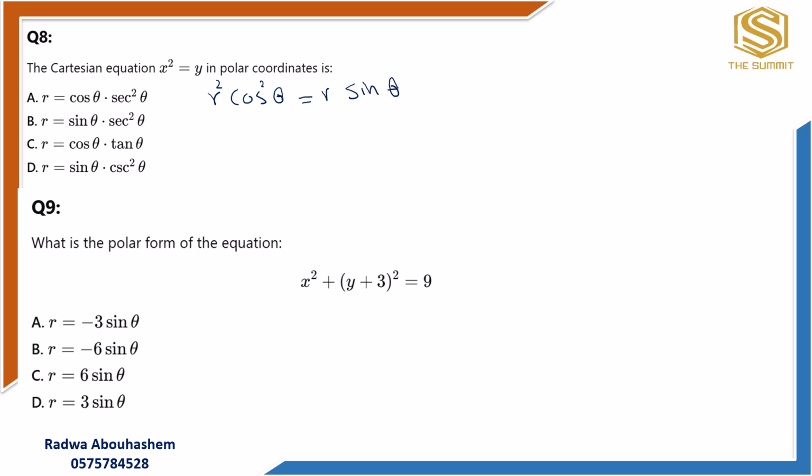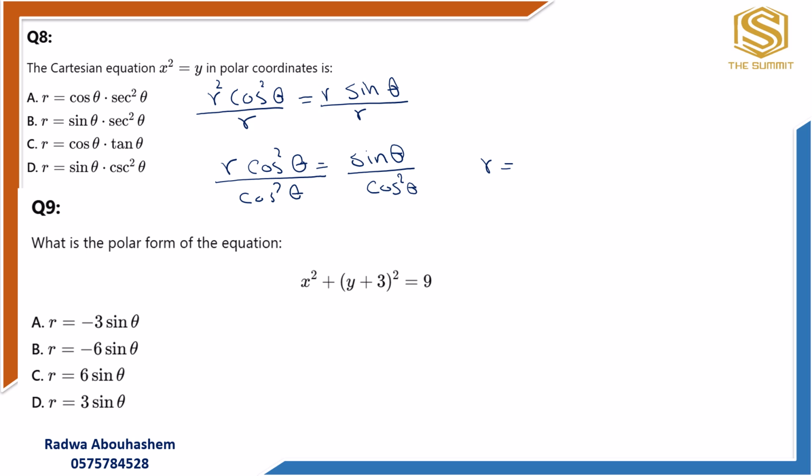And I just need to isolate the r, so this means I have to divide by r on each side. So here it would be r cosine squared theta equals sine theta. Good. Now let's divide again by cosine squared theta. So r equals sine theta over cosine squared theta.